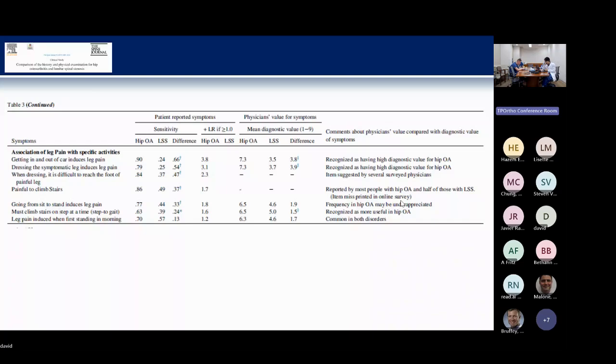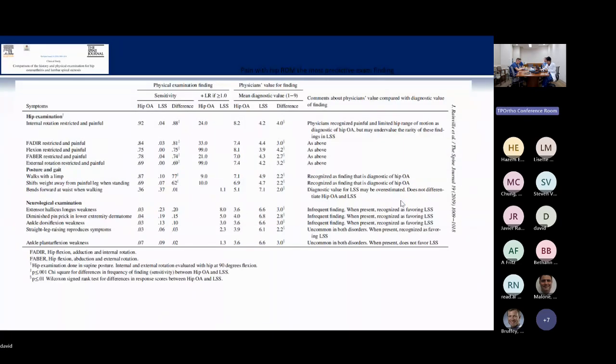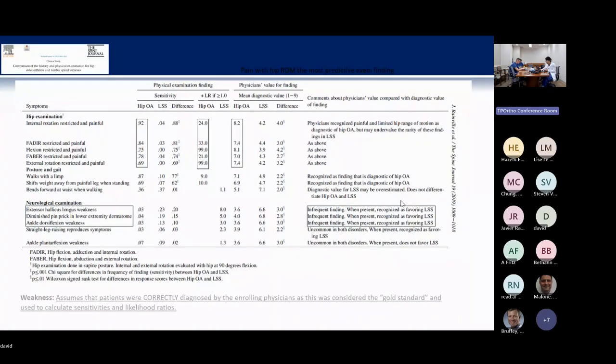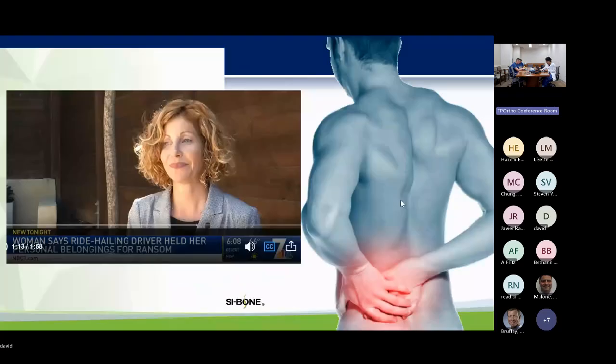And then also putting pants on the affected leg was very highly specific for hip arthritis. Range of motion limited to the hip was also very specific, and neurological weakness was considered to be attributable to the spine. So some studies that basically helped establish how we approach our physical exam between the two.